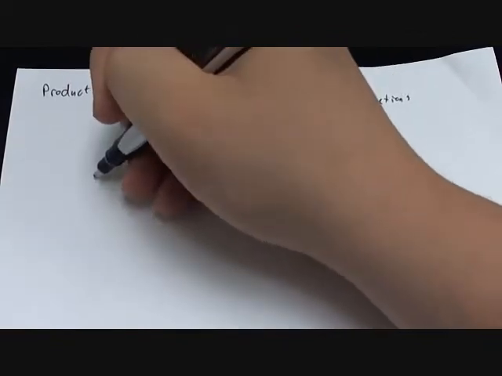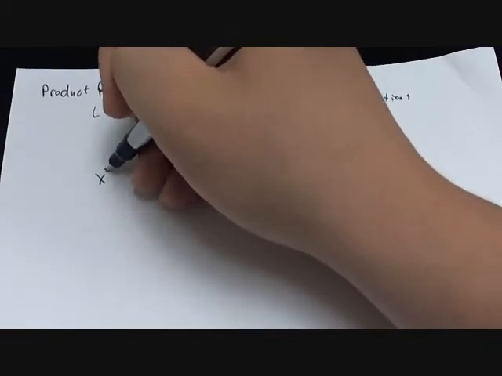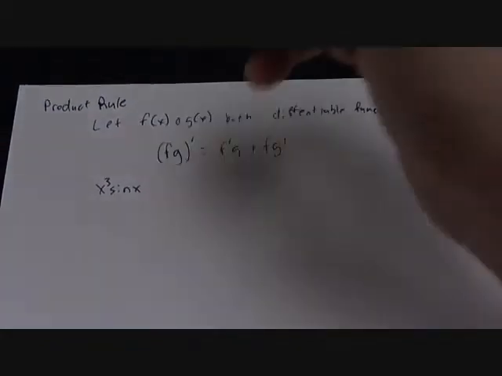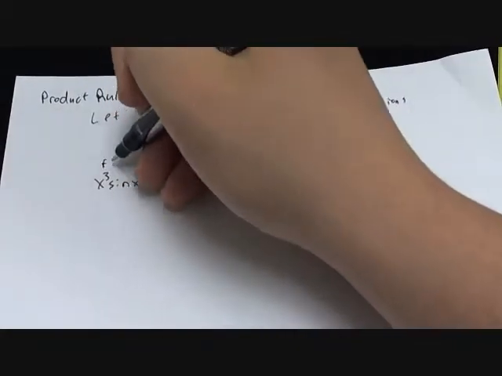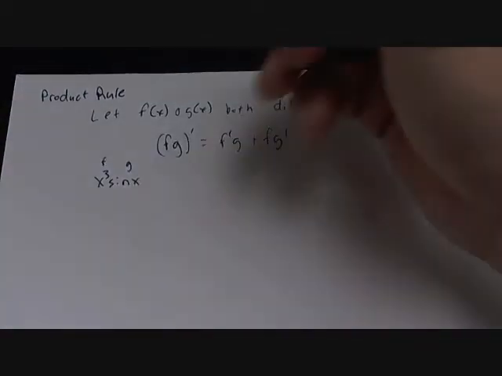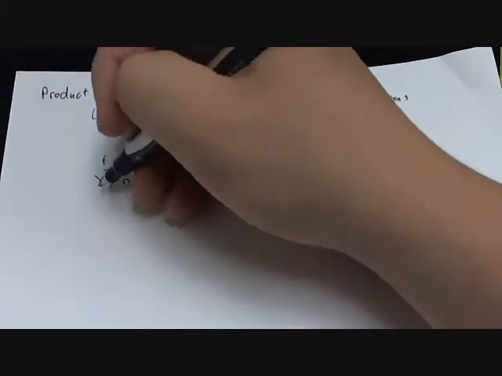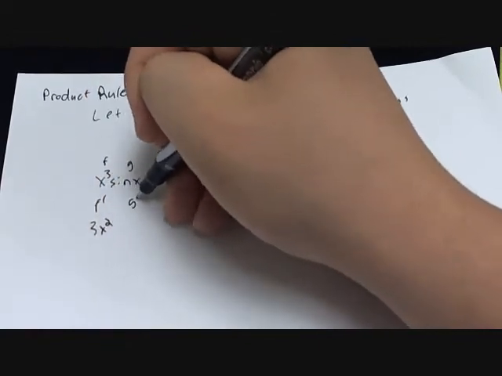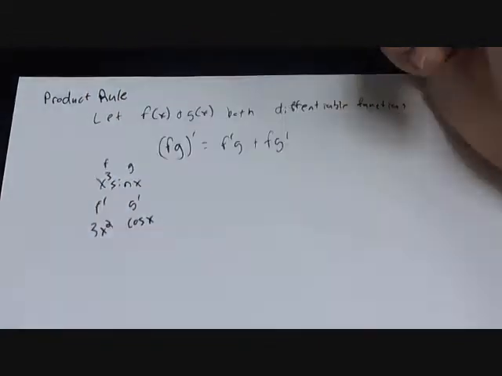So one example is, let's say our function is x cubed sine of x. Right, so we label this f, label this g. What I like to do is just take the derivative right away. So f is this, so f prime is 3x squared, g prime is cosine of x.